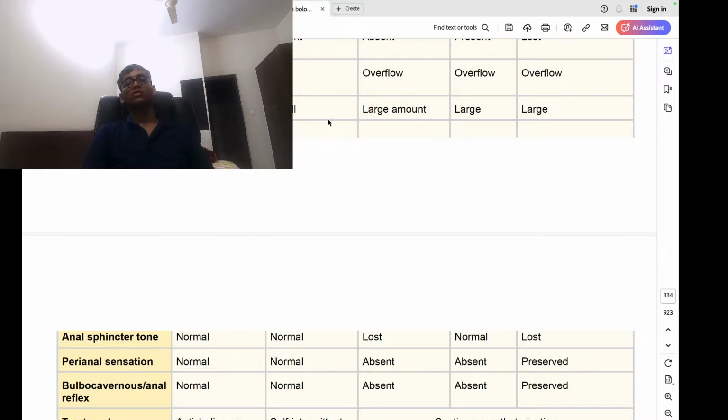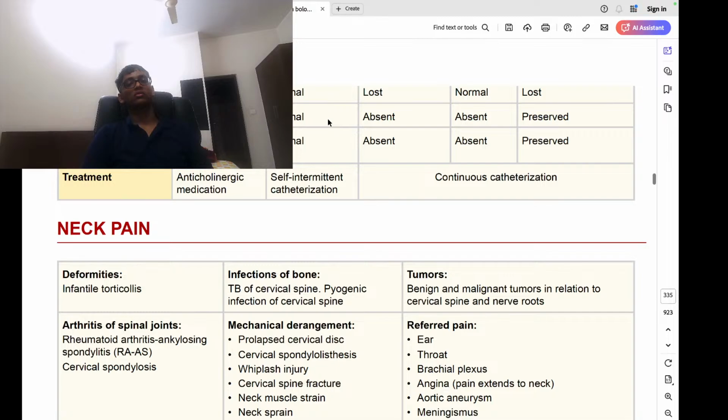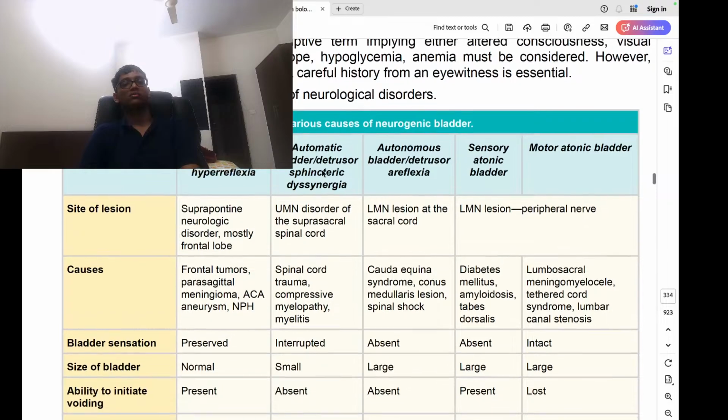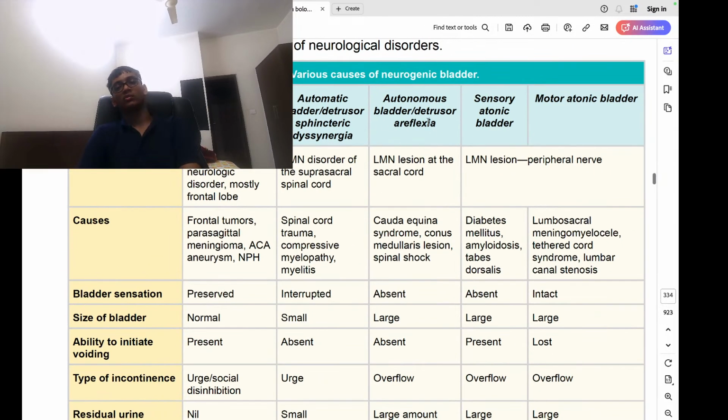Residual volume is small. Anal sphincter tone is normal. Perianal sensation is normal. Bulbocavernosus reflex is normal. Treatment is self-intermittent catheterization.